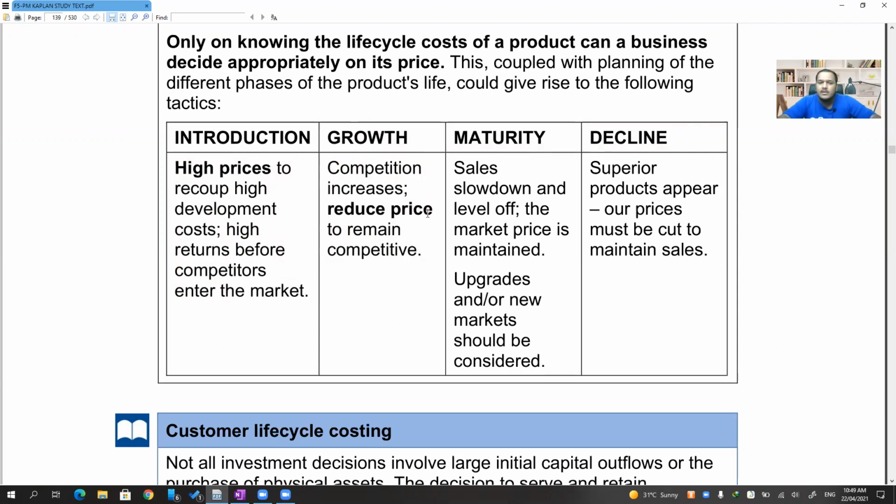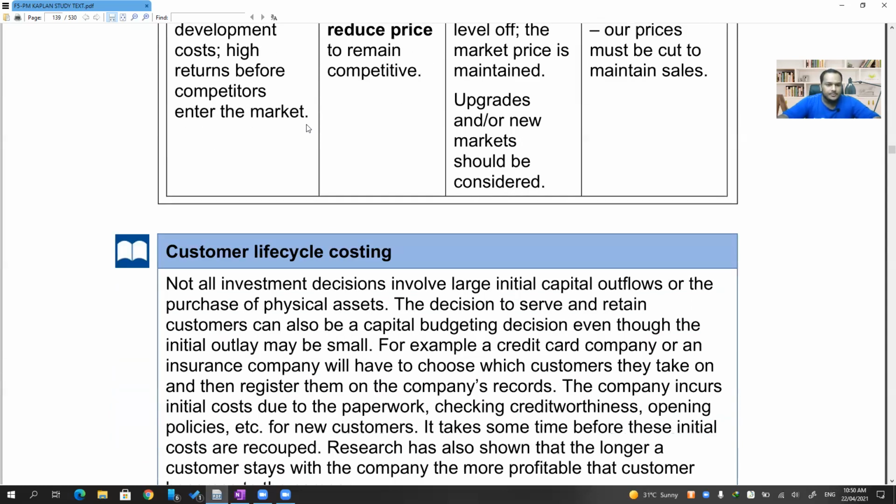You slowly reduce the prices because your costs are coming down. At maturity stage, sales will slow down, and costs will already be at the optimum level. In the decline phase, better products appear in the market, so you must cut down the sales costs and other stuff. But if you are following life cycle costing, you make sure that everything is distributed properly throughout the life of the product.